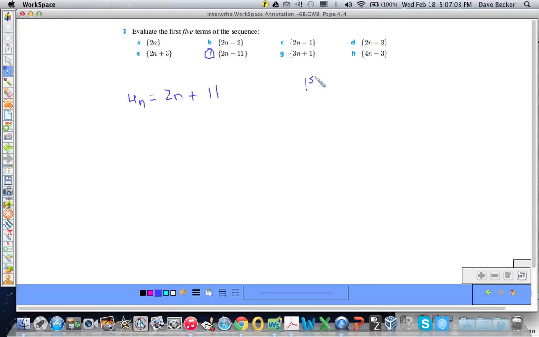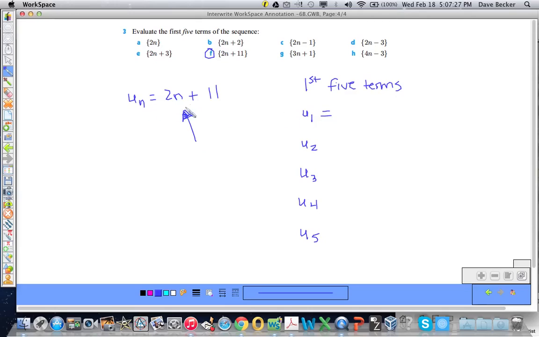The first 5 terms. Okay. So the first 5 terms are going to be u sub 1, u sub 2, u sub 3, u sub 4, and u sub 5.